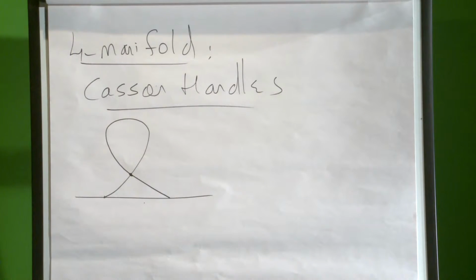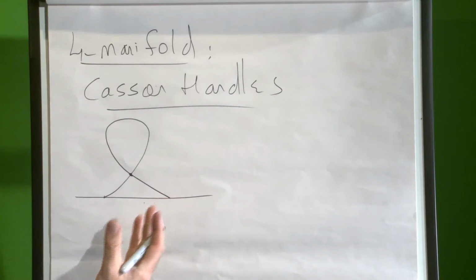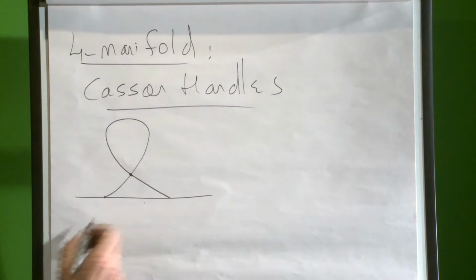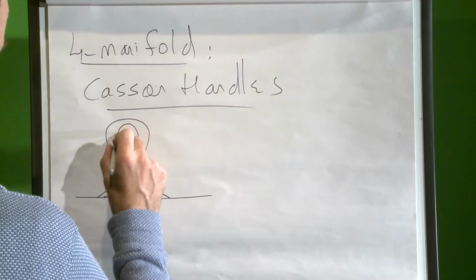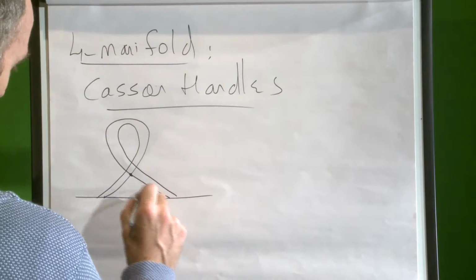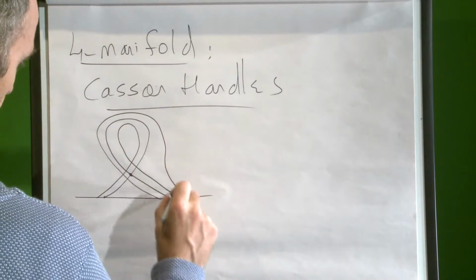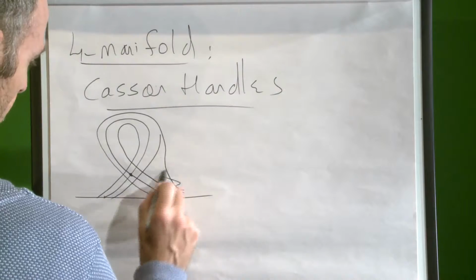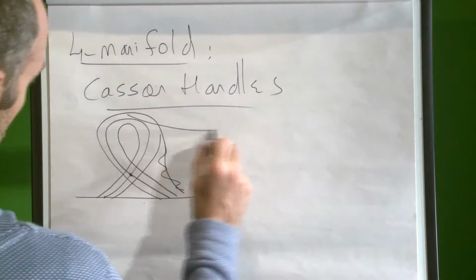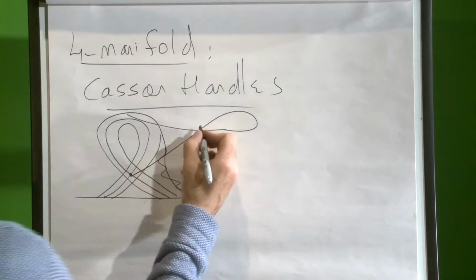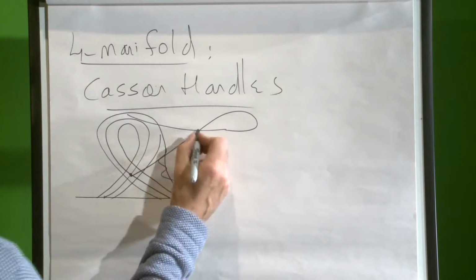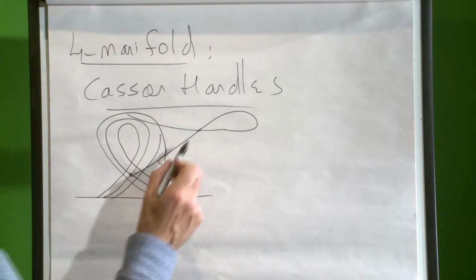And because it has a double point, you want to try and get rid of that double point so you have an embedded disk. Now what you can do is thicken it up, and then you can attach another disk to try and kill it. Now when you do that, again, this may have another double point. You can't get rid of the possibility that there might be another double point.